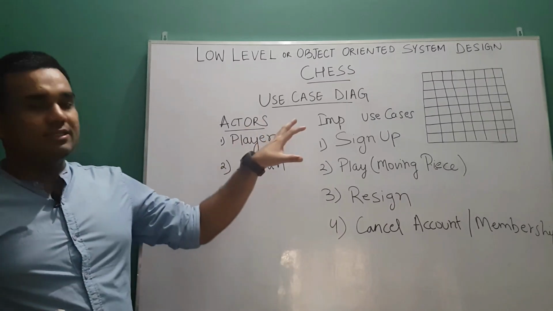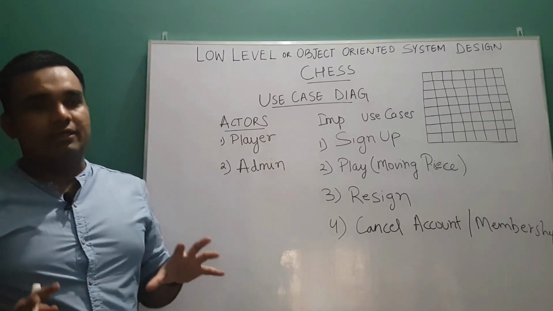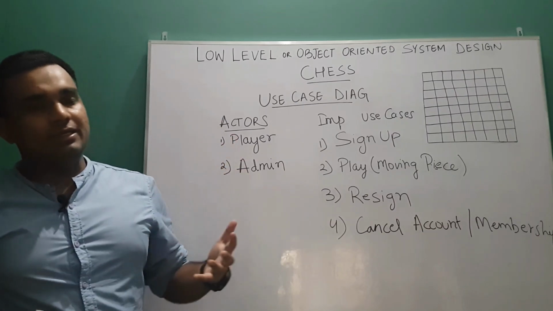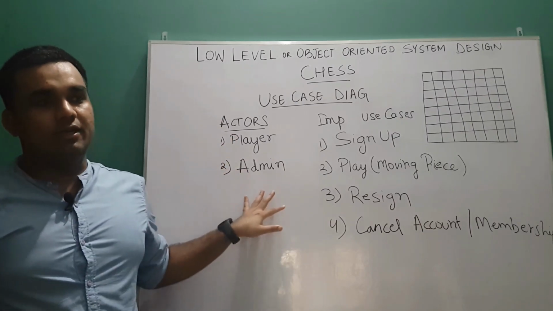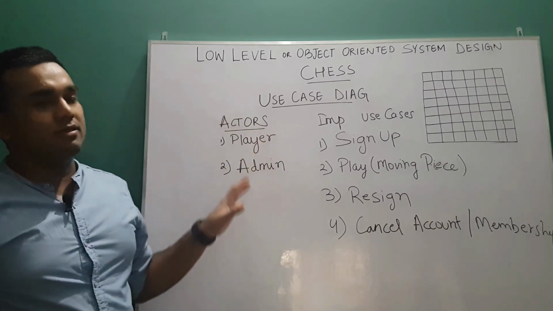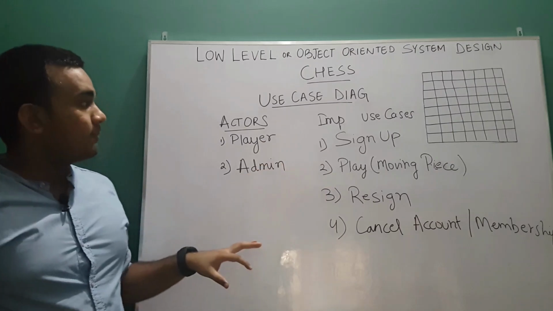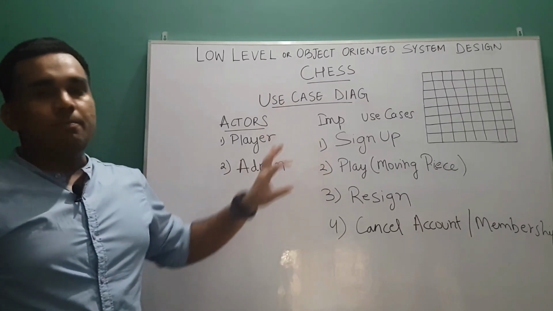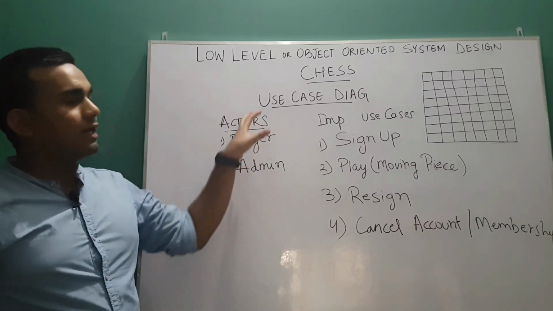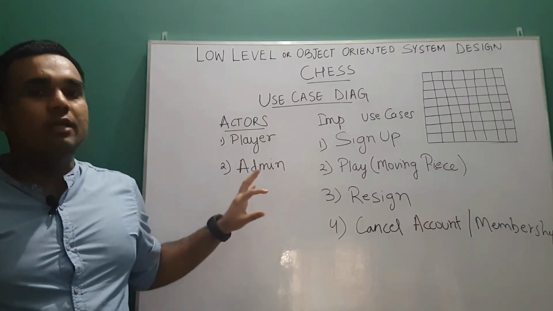In our chess game there will be 2 main actors. First one is the player, obviously the person who will play the game, and the second one is the administrator. Admin will have their own role, like managing the whole system. The next thing is important use cases. I have written the top 4 use cases, but there are many which we can cover in the use case diagram when I prepare it.